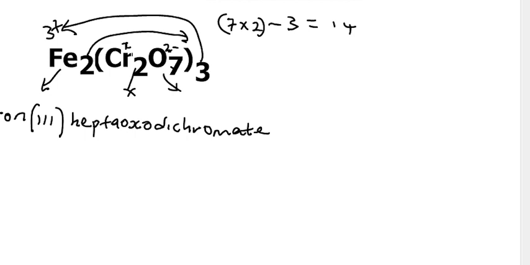Total of 14 minus, sorry, there's a problem here. Because we've already exchanged the charges here. We're not supposed to use the charge of the ion here again because we've exchanged the charges here.